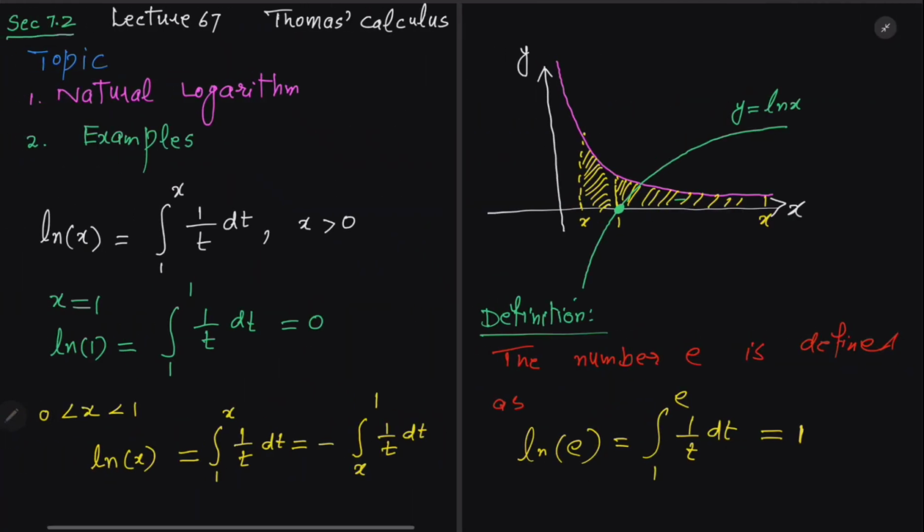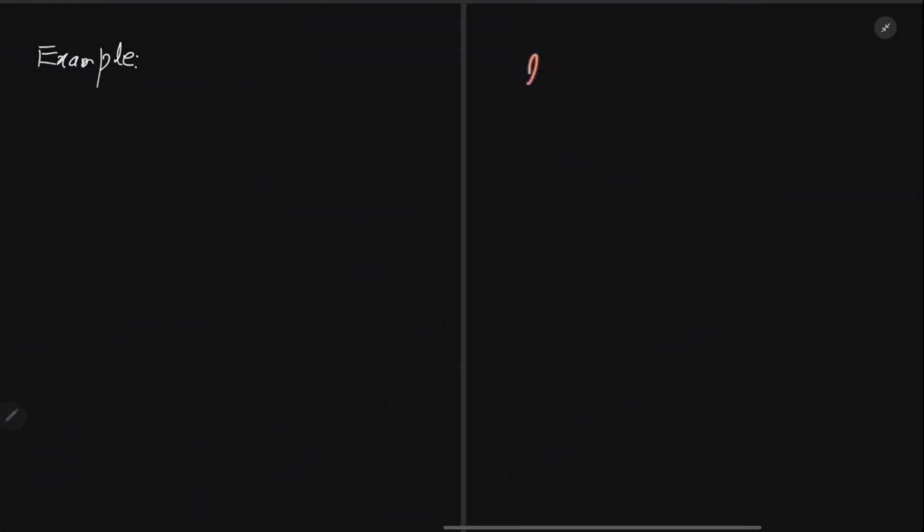So let me just define the derivative of natural log of x. Example, since we already saw that the natural log of x is defined as the integral from 1 to x of 1 over t dt.